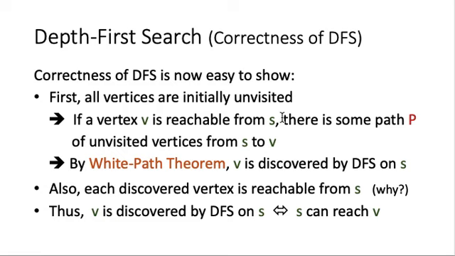If any node is reachable from S, then there must be a path from S to that node using only white vertices at this moment. So by the white path theorem, every vertex V that is reachable from S will be discovered by the DFS on S. So S can reach V if and only if V is discovered by DFS on S.